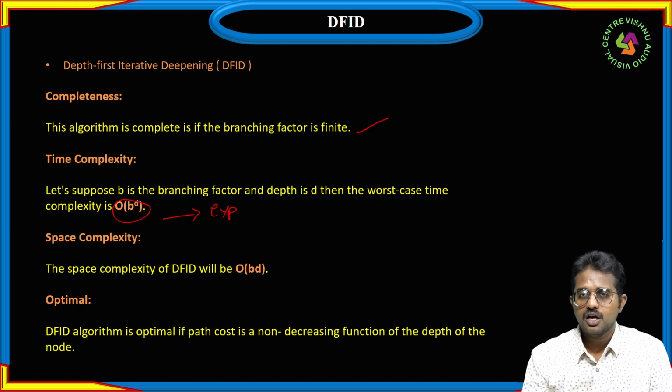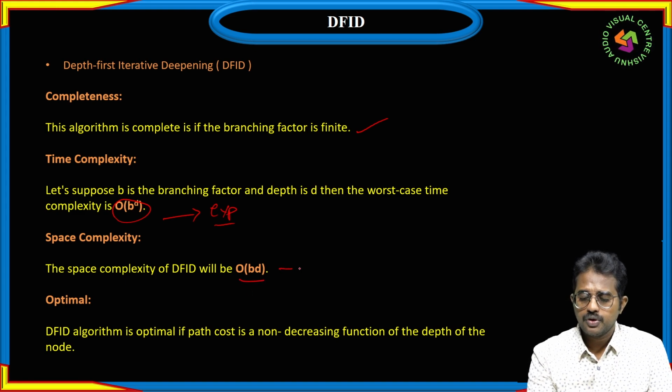So the time complexity of this DFID is exponential, like DFS. Coming to space complexity, it will be the order of b into d, and we can say it is linear, like DFS.